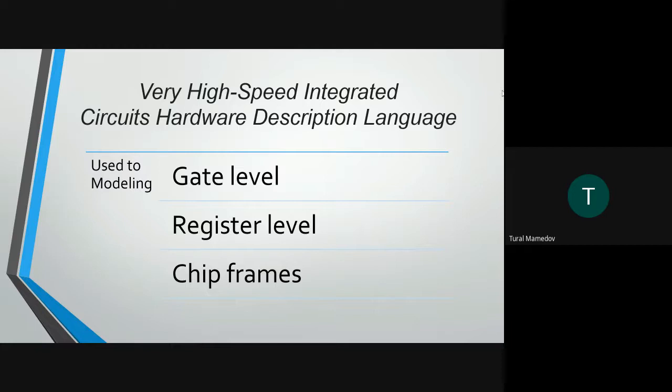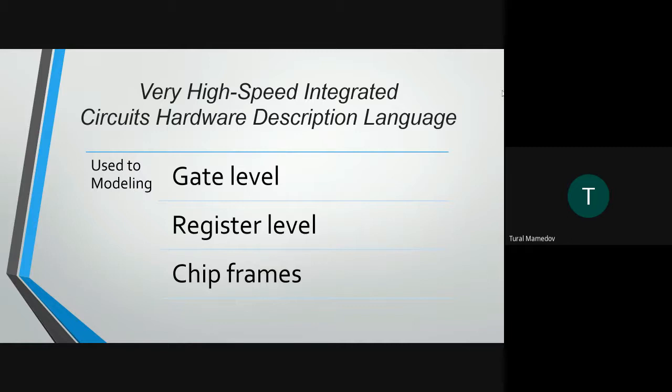The function of the system is defined as the conversion of values at its inputs into the values at outputs, and the organization of the system is defined by a set of connected components. The language is intended for modeling primarily on the gate level, register transfer level, and chip frames, and is used for synthesis of devices.